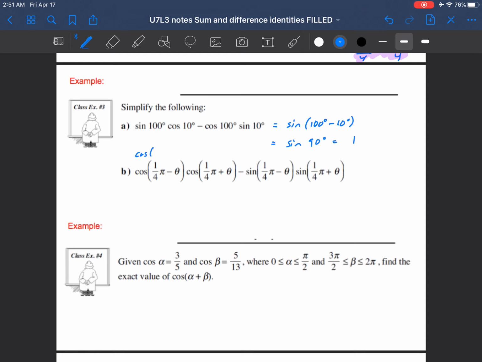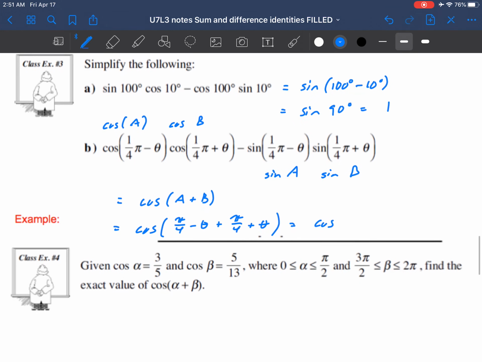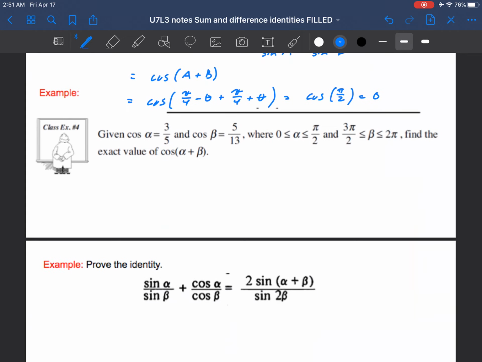This is like cos A, this is cos B, this is sine A, sine B. So this is really the same thing as the cosine of A plus B, which is the cosine of pi over 4 minus theta plus pi over 4 plus theta, which is the cosine of, the thetas cancel, pi over 4 plus pi over 4 is 2 pi over 4, which is pi over 2, and then hopefully we remember that cosine of pi over 2 is 0.